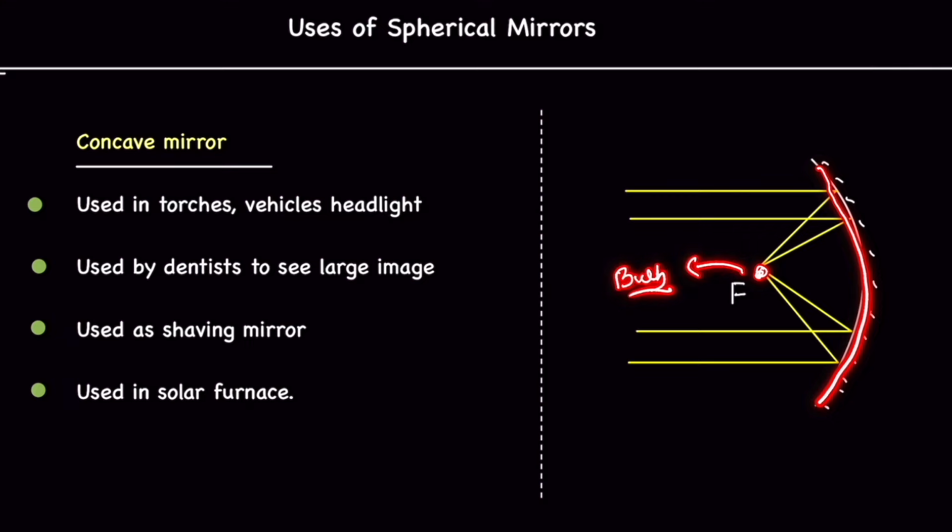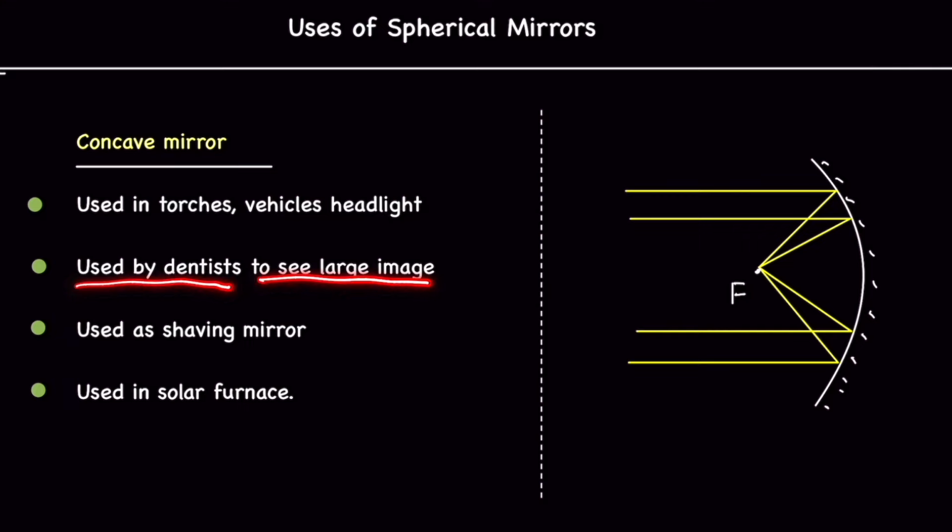So when we glow the bulb in the torch, incident rays will be formed, and these incident rays are coming out from the focus. After reflection, the reflected rays are parallel to each other. So we can see the far object easily. Concave mirror is used by dentists to see a large image. Concave mirror is also used in shaving mirrors and in solar furnaces.